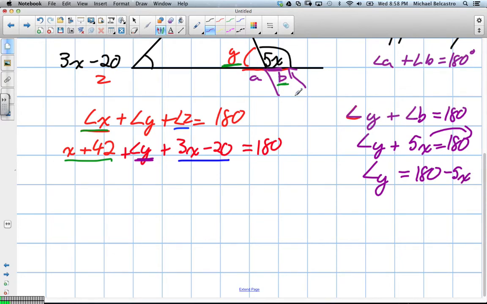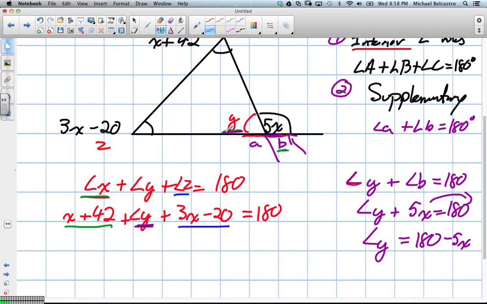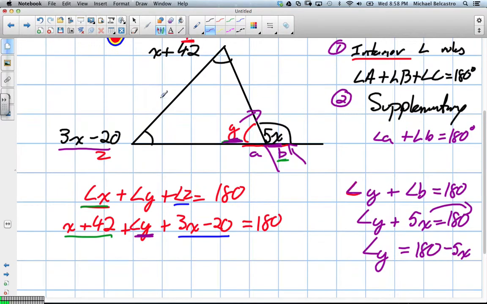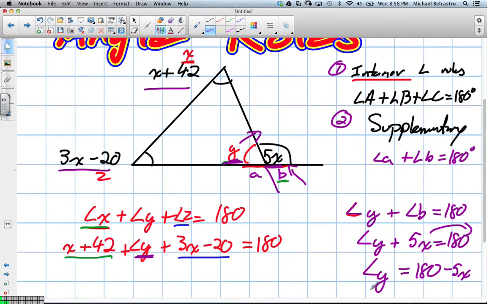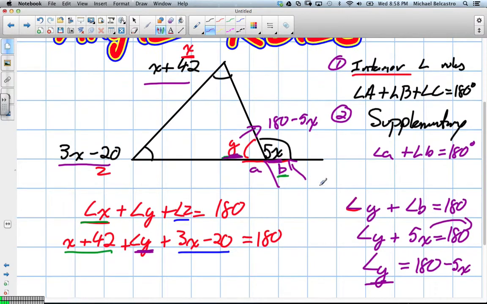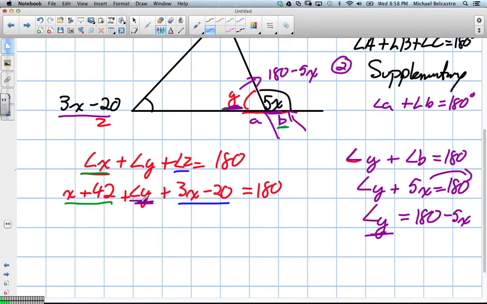So this y here, I can rewrite as an equation, just like these have been rewritten as equations. We can rewrite angle y as 180 minus 5x. We've now rewritten that, which means I can replace angle y in the interior angles of a triangle. So it could be 5x minus 180 or 180 minus 5x.